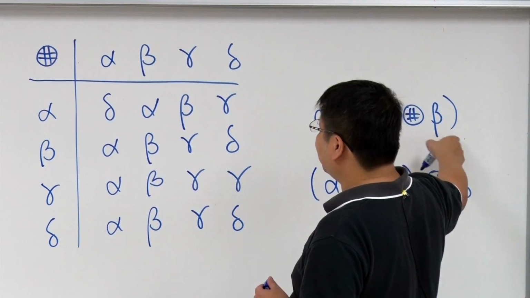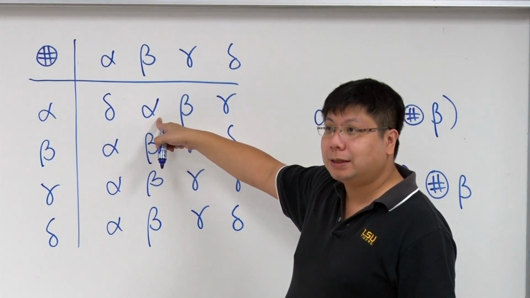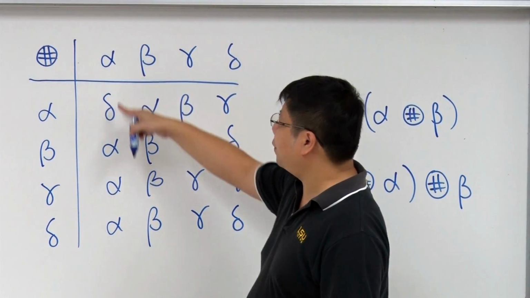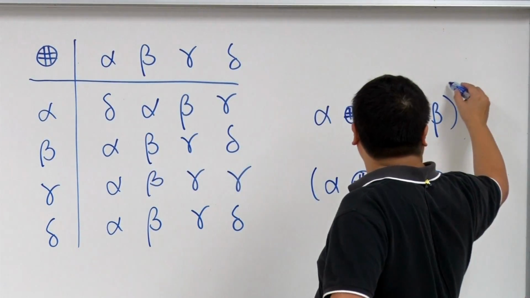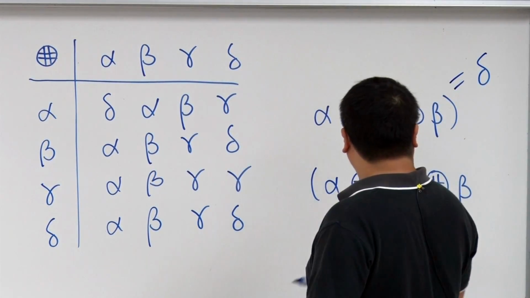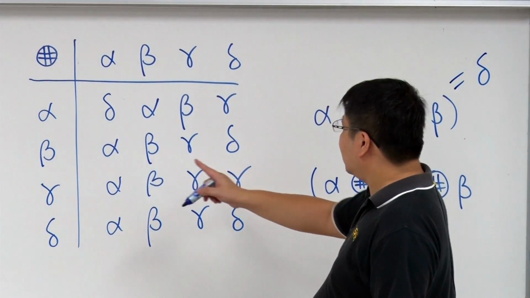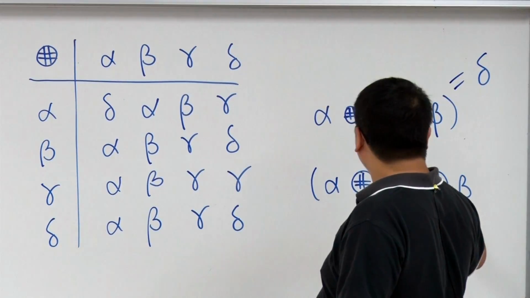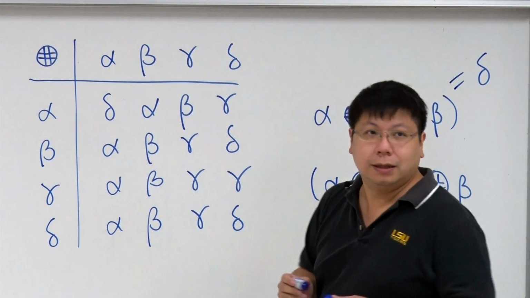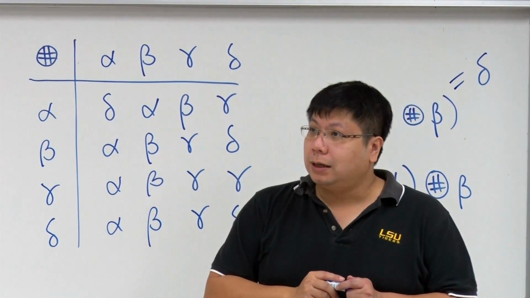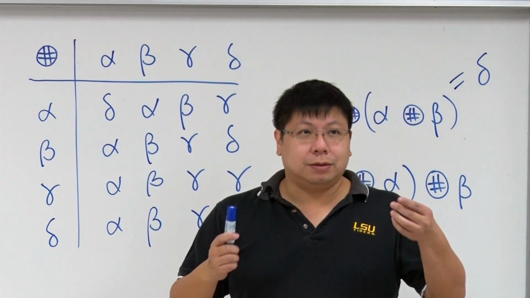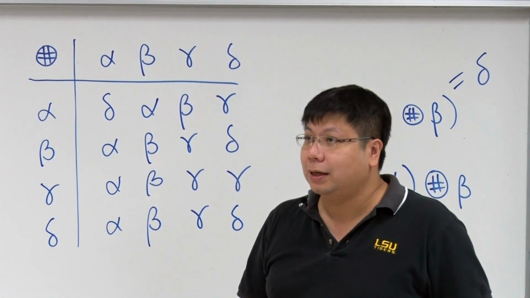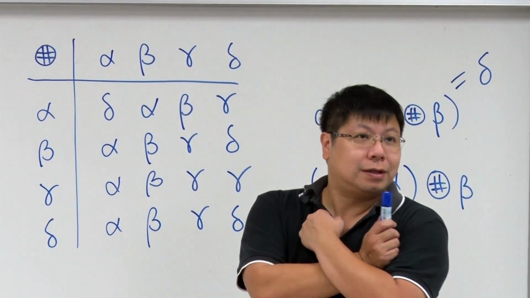Alpha, alpha, I got delta. So this one, I got delta. And how about this one? This one, I do alpha with beta first, so I got alpha, and then alpha, alpha, I get delta. Or if I do alpha, alpha first, I got delta, and then delta, beta, I will get beta. Is that okay? So as long as there is one case which does not satisfy this associative property, then it is not associative.